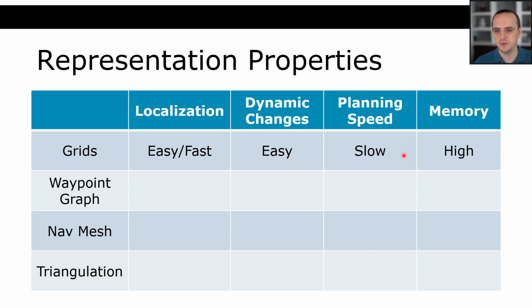Our planning speed is going to be relatively low for single paths, because we may have a lot of grid cells to look over, versus if we had a waypoint graph, there may only be 100 waypoints where we had 100,000 grid cells, right? So the planning speed is relatively slow, but the memory usage is very high, because we have to store a bunch of data in these cells that we may not necessarily need.